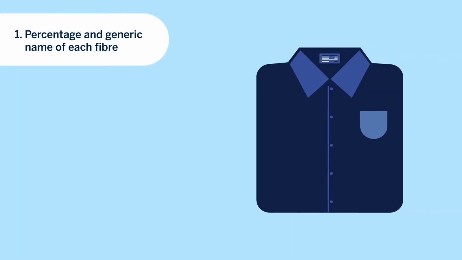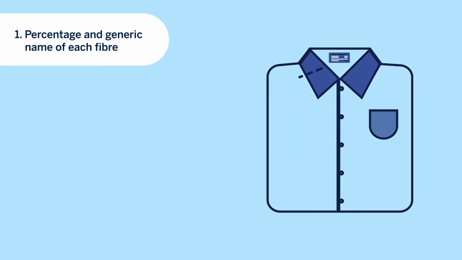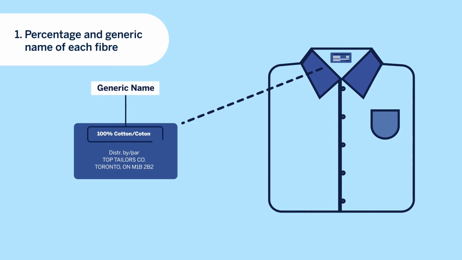The first piece of mandatory information is the fiber content expressed in percentages. The generic name of each fiber present in an amount of 5% or more must be stated as a percentage of the total fiber mass of the article. This percentage must appear immediately before or after the generic name of the fiber.